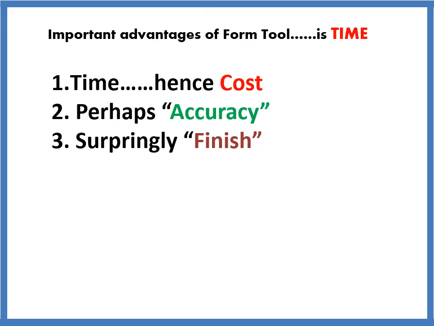The second most, perhaps surprisingly, accuracy figures into the use of this tooling. A standard single point turning tool following an interpolated path involves two machine axes, whereas a form tool uses only one machine axis.